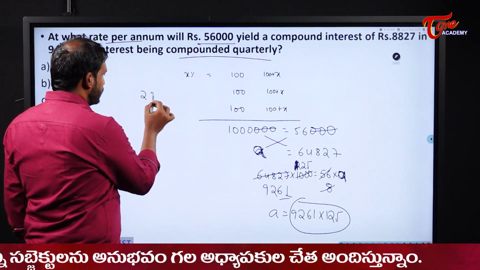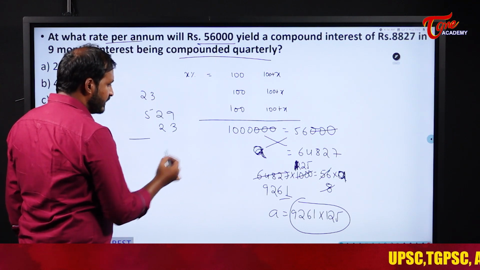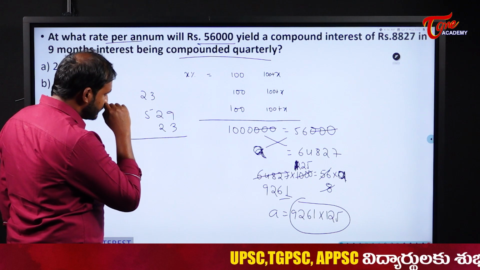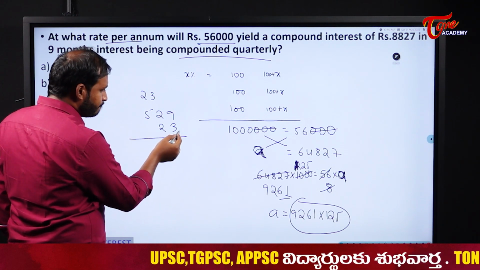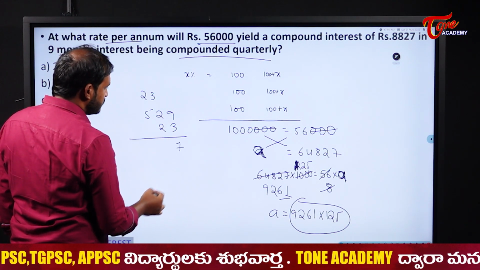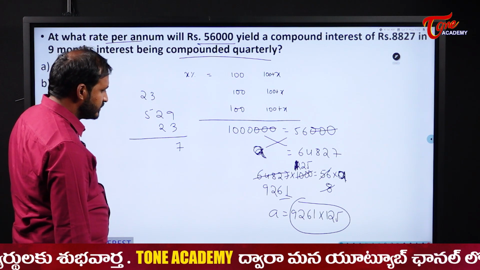23 cube, 529 into 23. What does it become? It is not possible.